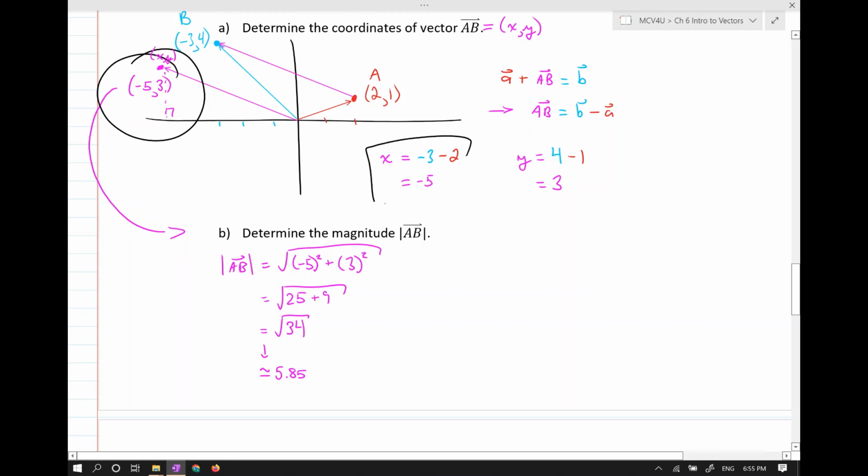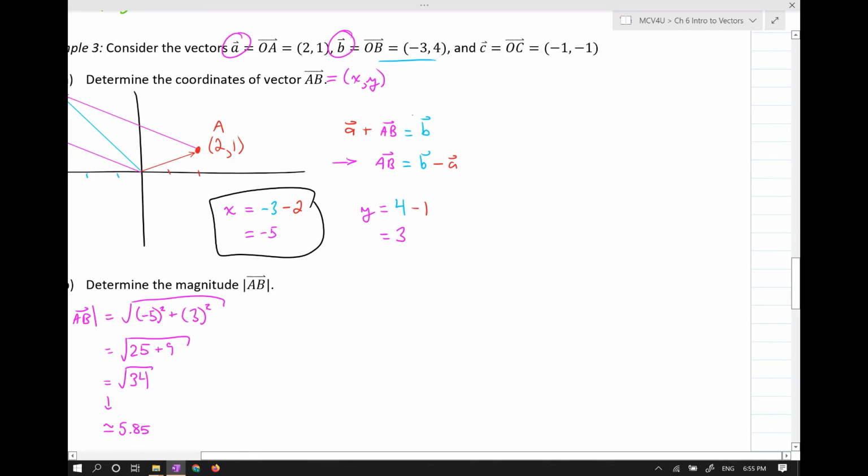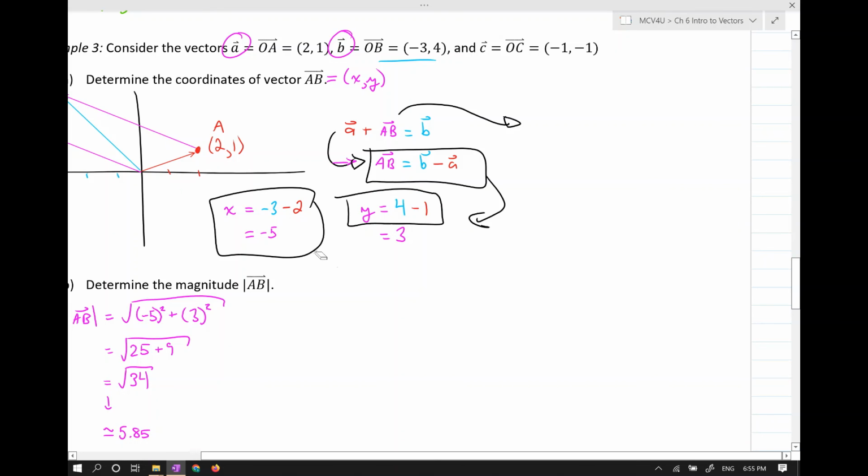I found the x coordinate by taking the coordinate of B and subtracting the coordinate of A. So if I come up with a rule in general, if A plus AB is equal to B, and we rearrange that, AB is equal to B minus A, then I can take this calculation and work with my components individually. And I'm hoping you can see that through the color coding here.